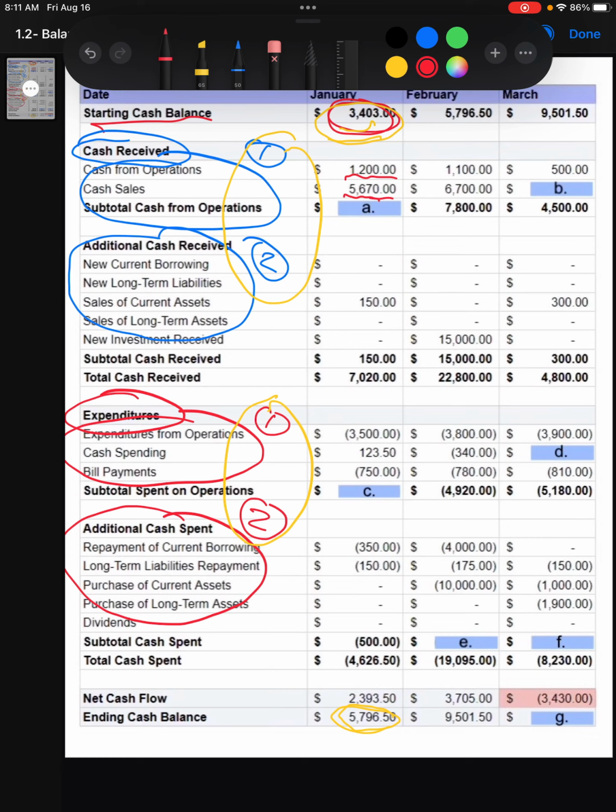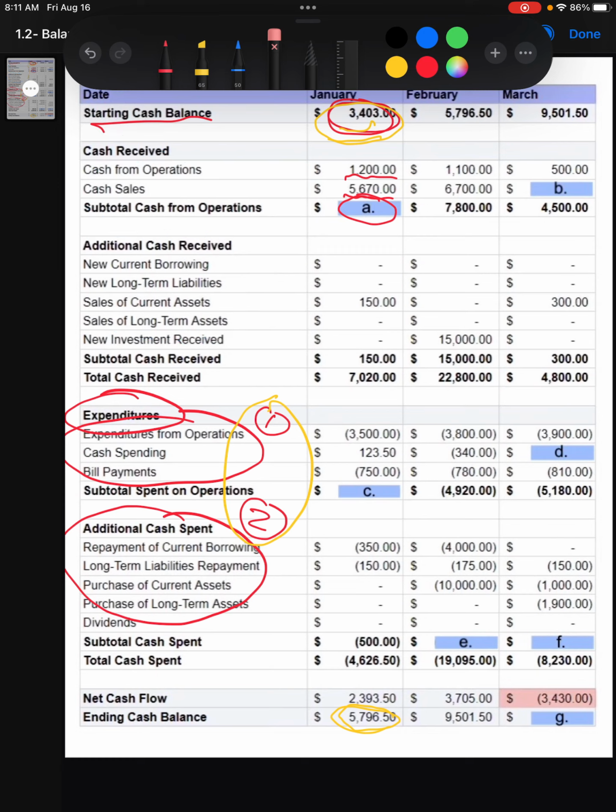Now, let me erase here. This A is going to be the subtotal of this section only, okay? And you just have to use your calculator. So 1,200 plus 5,670 is 6,870.